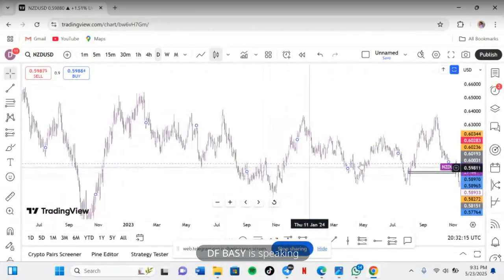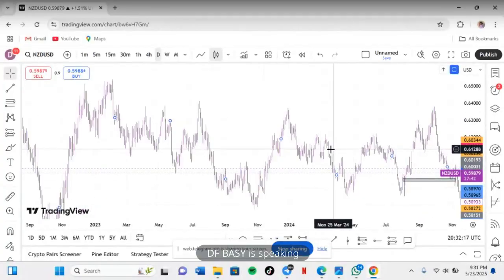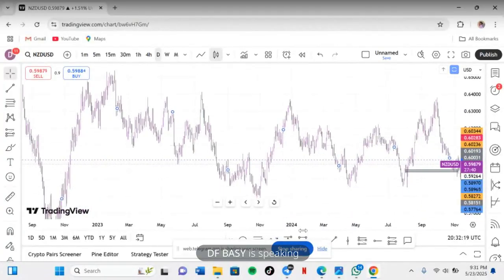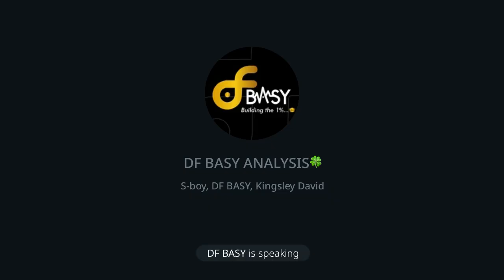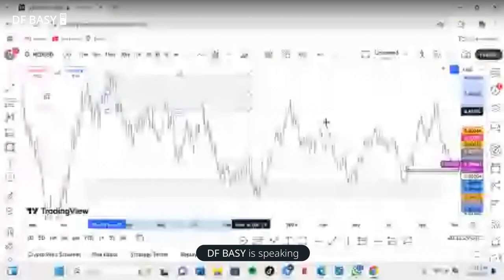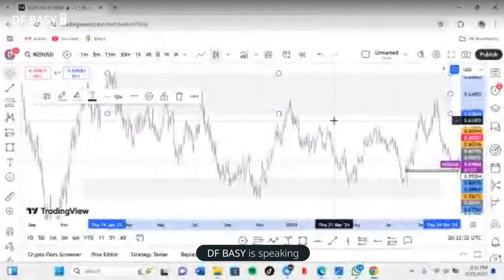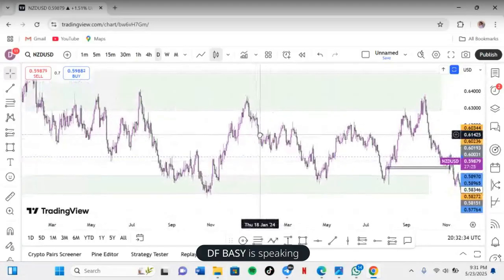Okay. So I'm talking about support and resistance. You can take here to be our support, and you can take here to be our resistance. Now, why is this our support and why is this our resistance?